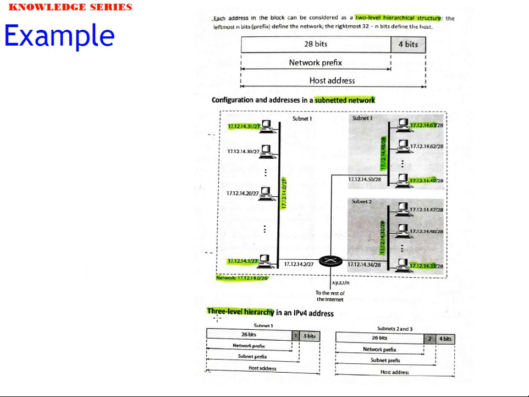In the 3-level hierarchy of IPv4, you have a net ID, a host ID, and in between you have a subnet prefix. So one subnet or 2 subnets you try to create. One subnet means you create one partition. If you are creating 2 and 3 subnets, you go for 1, 2, and 3.